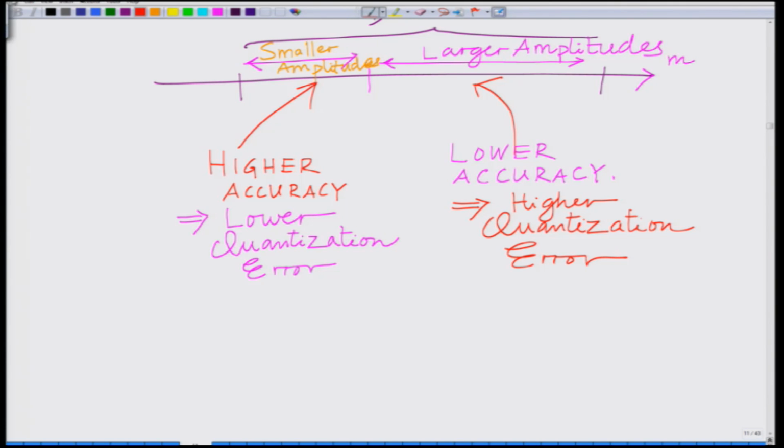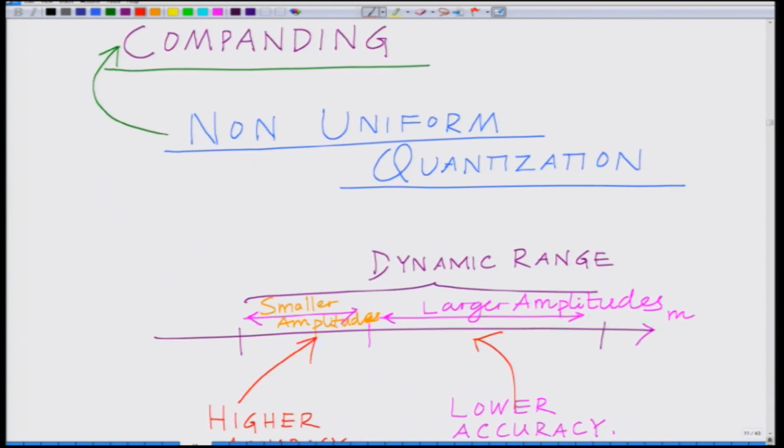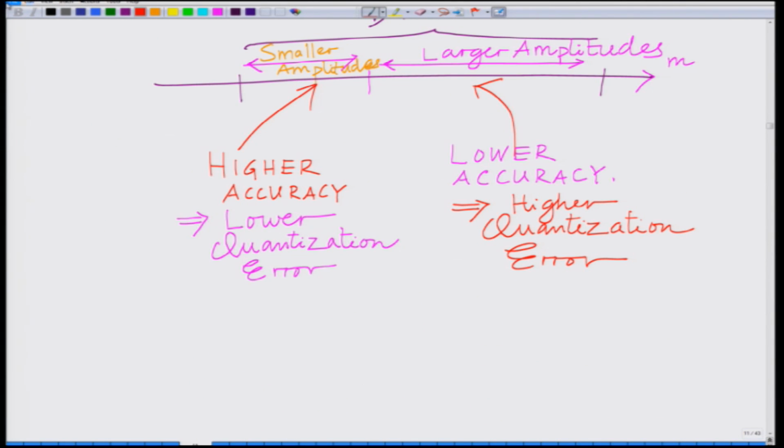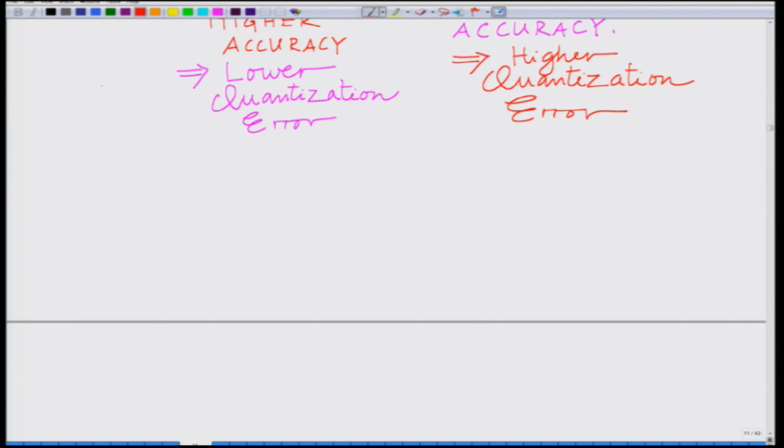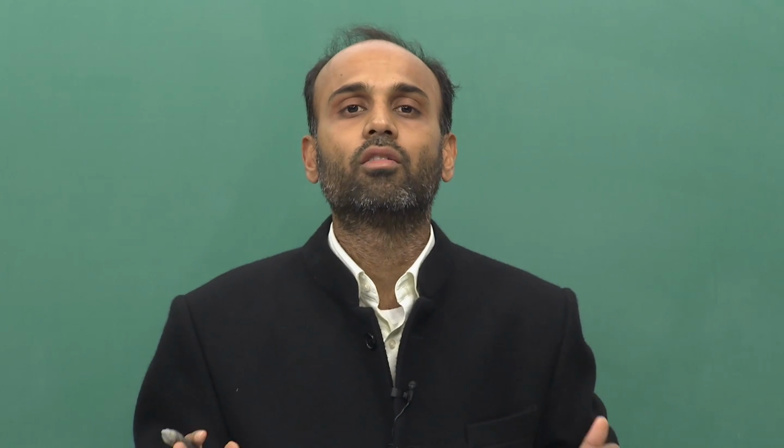So at the outset, what we have to realize is that if you have a signal which takes values in a certain dynamic range, we do not need the same level of accuracy in all the regions of the signal amplitude. For the smaller amplitudes, we need a higher level of accuracy. For the larger amplitudes, we can tolerate a higher quantization error, or we need a lower level of accuracy for reconstruction.